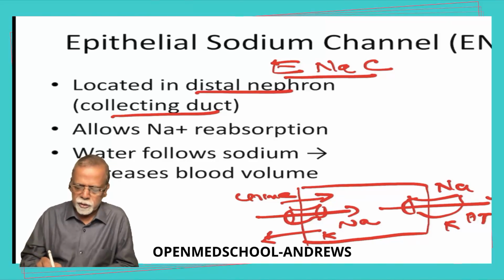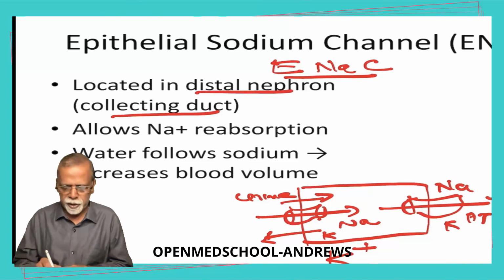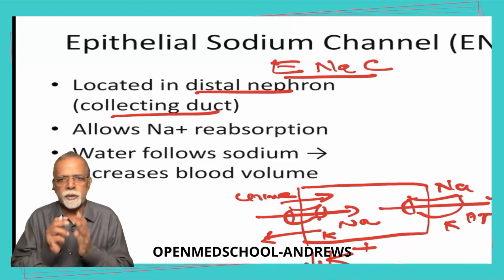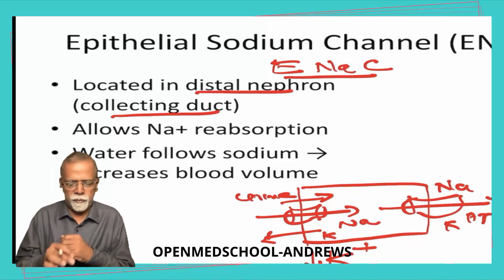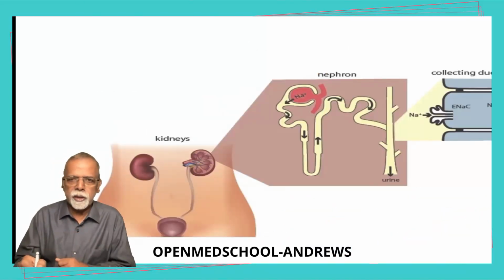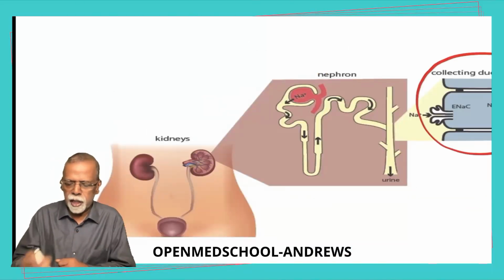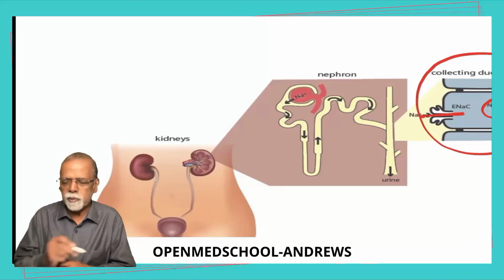Most of these cases are associated with hypokalemia, a decrease in serum potassium. So epithelial sodium channels play a major role. Here you can see the epithelial sodium channel in the collecting duct mainly. Sodium is entering, and via the sodium potassium ATPase pump, it enters the blood.